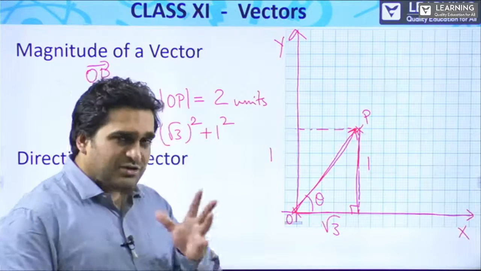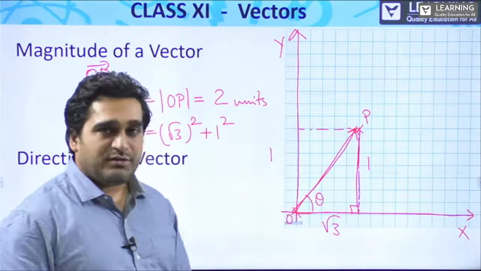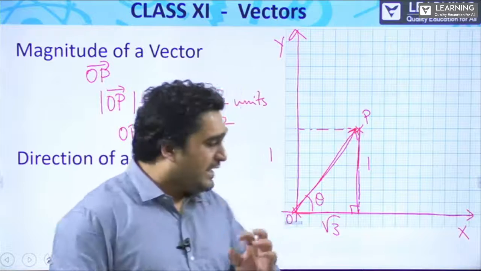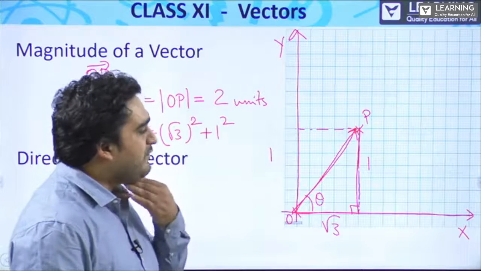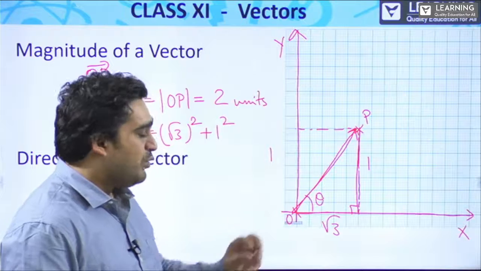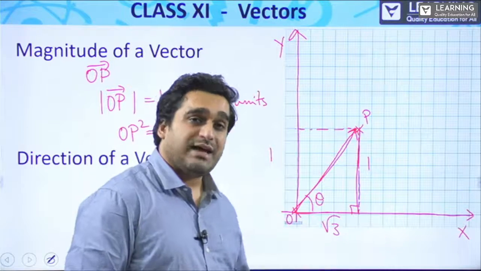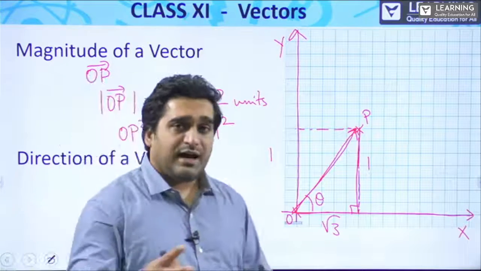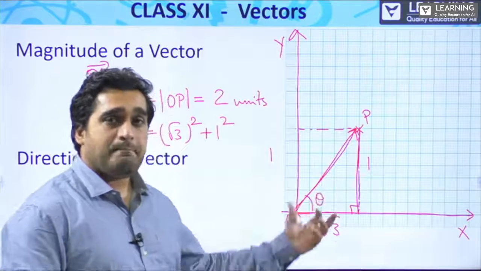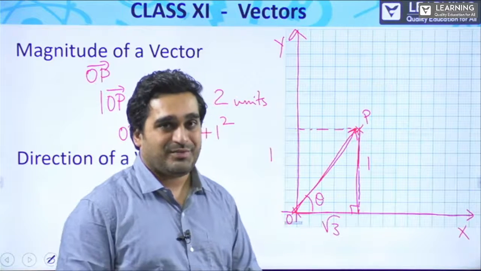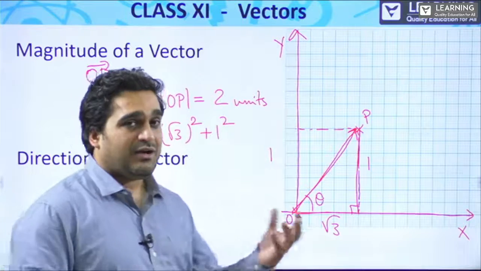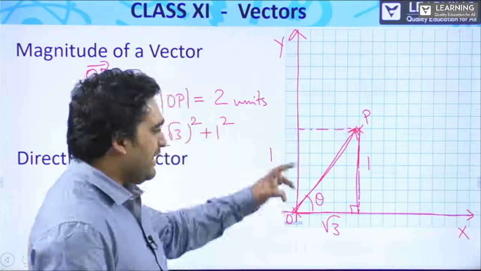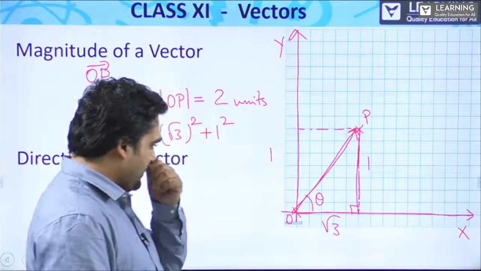So let us try to apply one of the trigonometry ratios. First, we need to identify the sides of a triangle: which one is opposite, which one is adjacent, and which one is hypotenuse. You might have learnt it in another manner, such as height, base, and hypotenuse. Height I call opposite, base I call adjacent, and hypotenuse is hypotenuse.